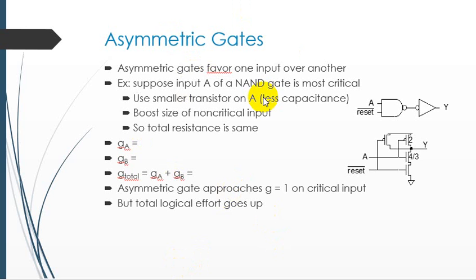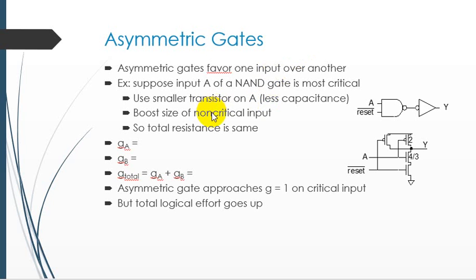So when one input is far less critical than another, even nominally symmetric gates can be made asymmetric to favor the late input at the expense of the early one.